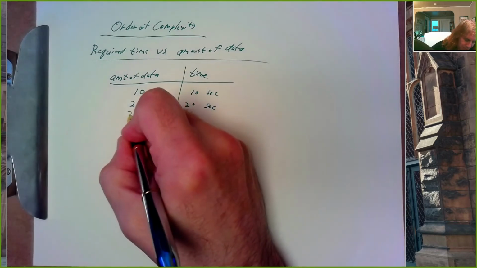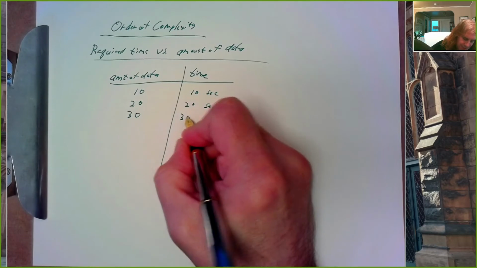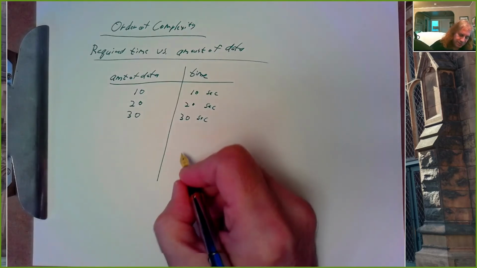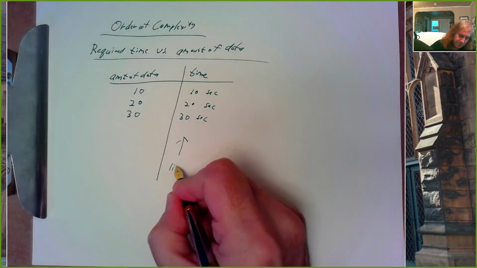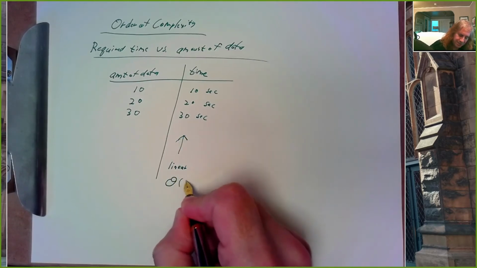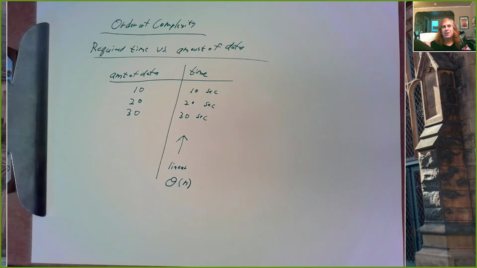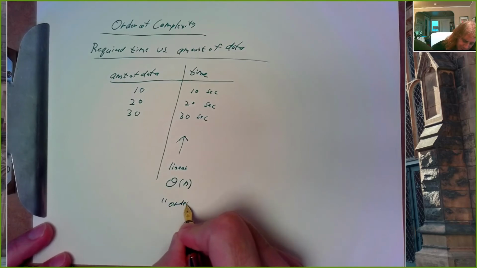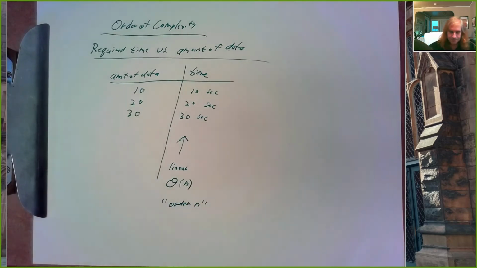And when we triple the amount of data, we find that it takes 30 seconds. All right, this is what we call linear. And an algorithm that's linear, we say that's order n. And we write that as a script O followed by an n in parentheses. And we read that as order n.